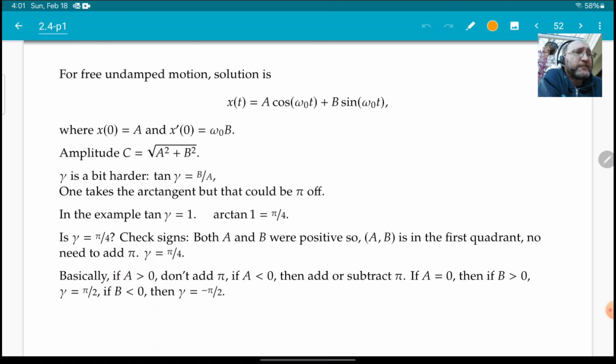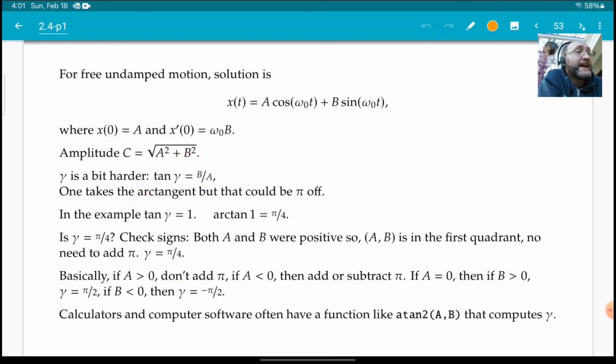And if a is 0, then just think a little bit. You can't divide, but if a is 0 and b is positive, then gamma is pi over 2. And if b is negative, then gamma is minus pi over 2. Again, this is just like what you do in polar coordinates.